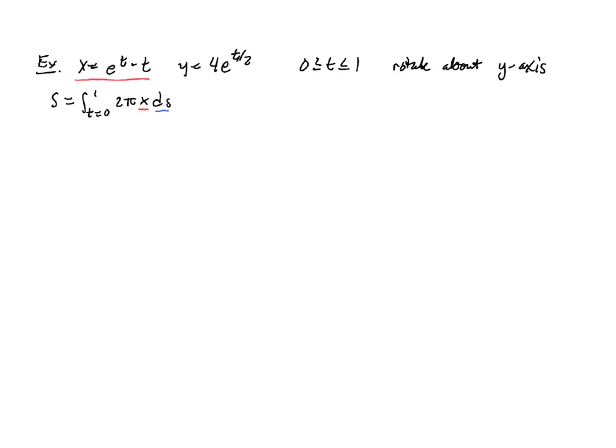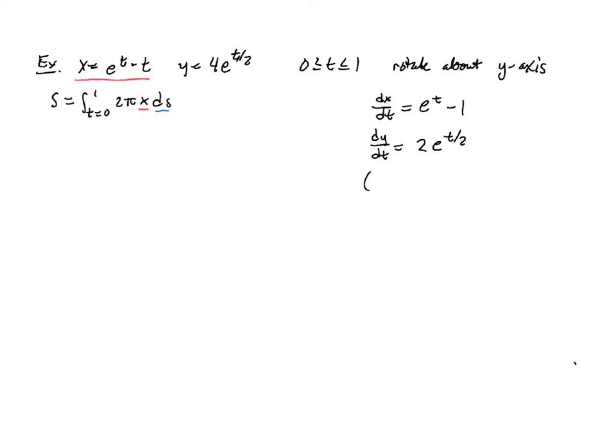So first of all, I need to take the derivative of the x function, which is going to be e to the t minus 1, no problem. The derivative of the y function is 2e to the t over 2. And now I need to square those and add them up.